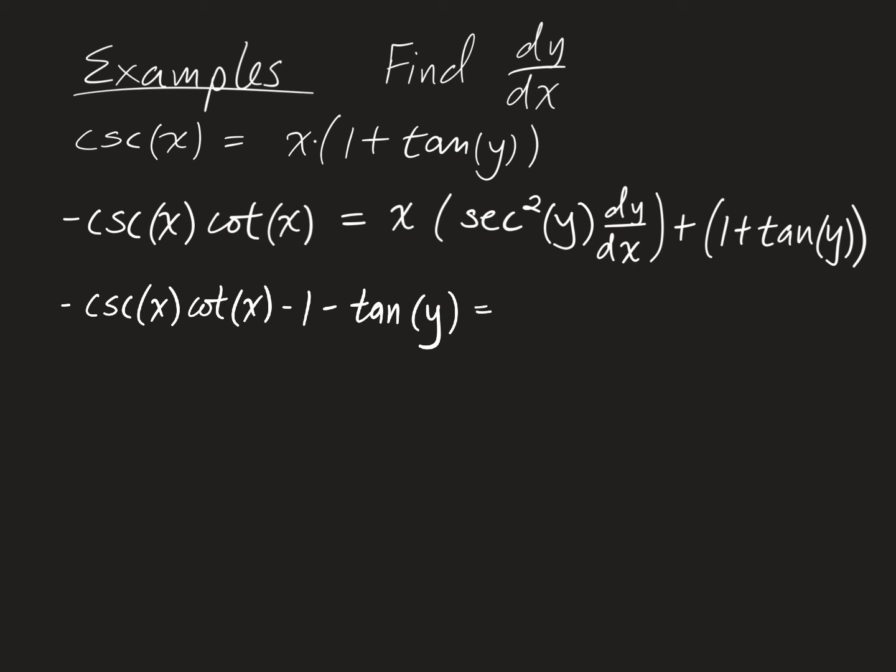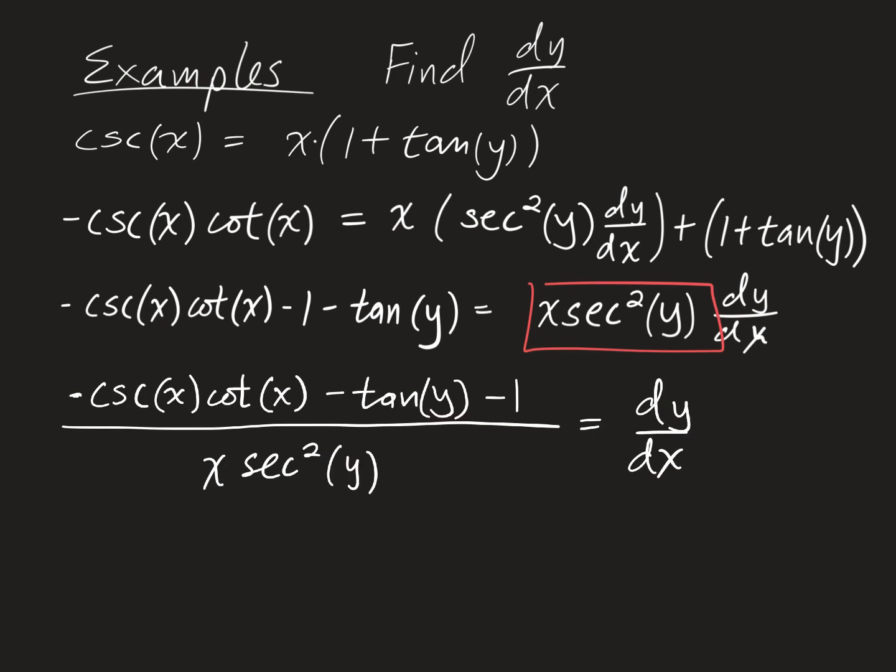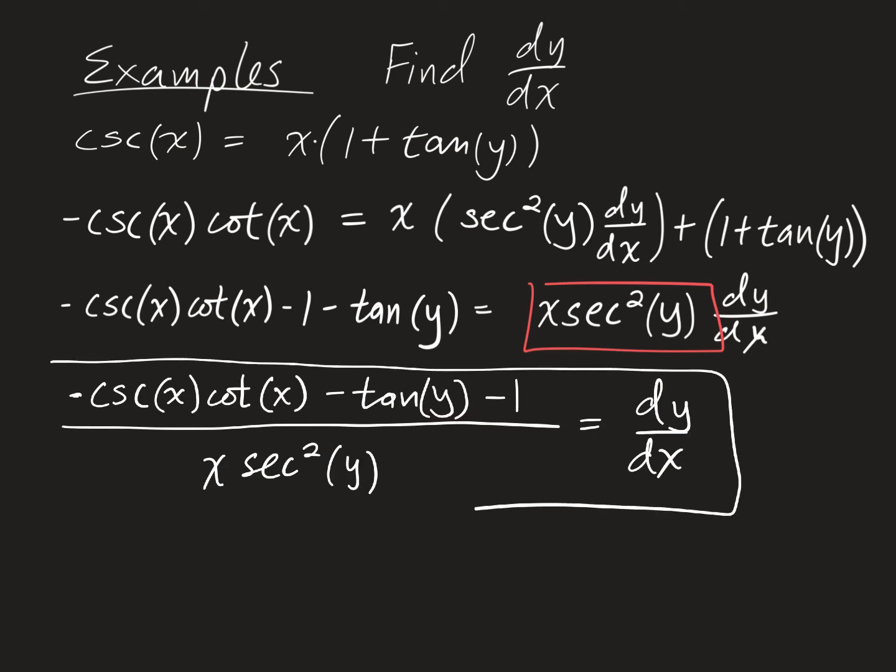From here, all we will do is solve for dy dx by dividing by this quantity right here. And there we have it. This is the derivative of what we started with way back here.